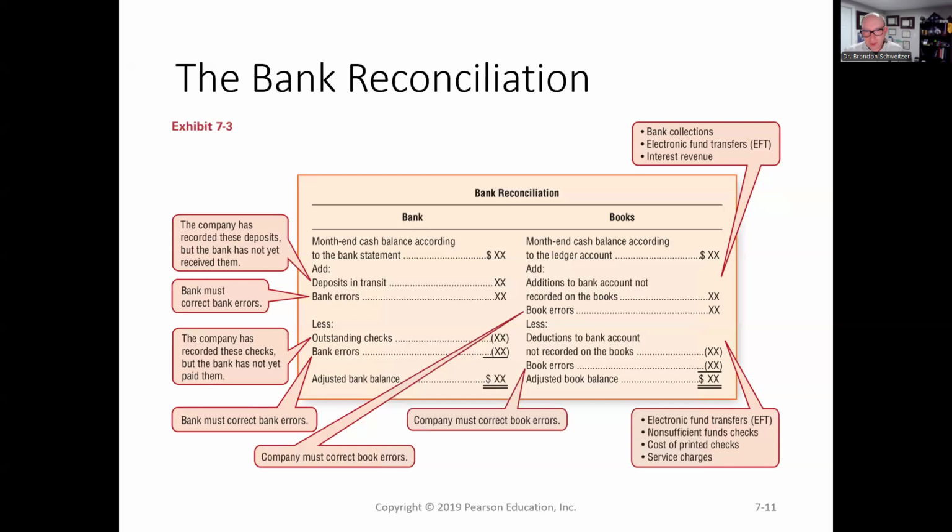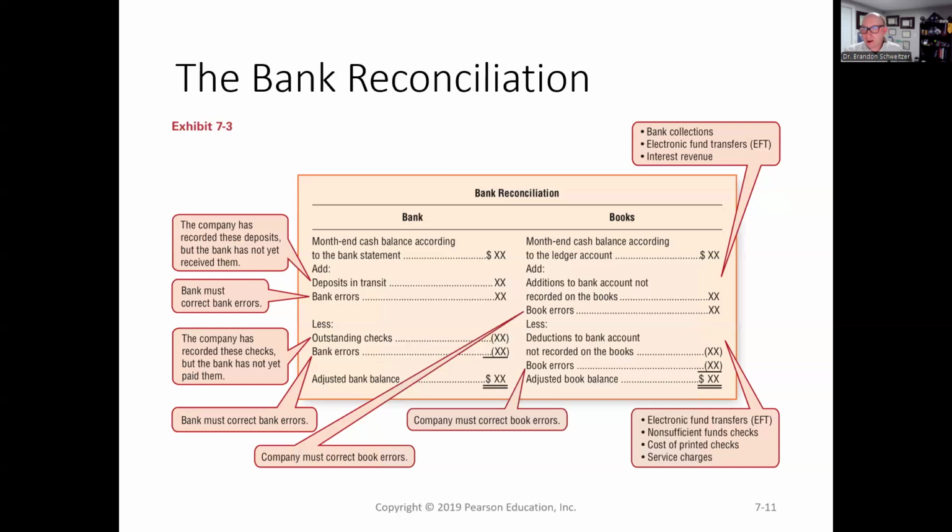So the additions minus subtractions gives us the adjusted bank balance, and we need to account for those changes in our accounting information system. So just as I described before, if we received interest revenue, we debit cash, credit interest revenue.